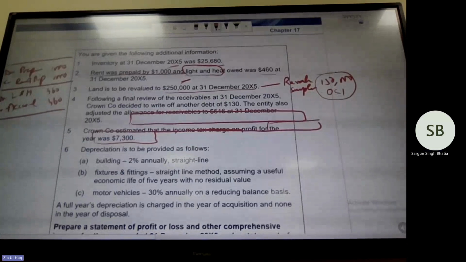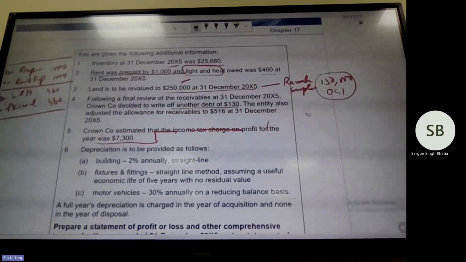Following a final review of the receivables at 31st December 20X5, Crown Company decided to write off an irrecoverable debt of 130, meaning these are bad debts.